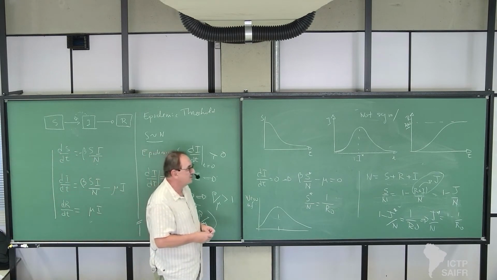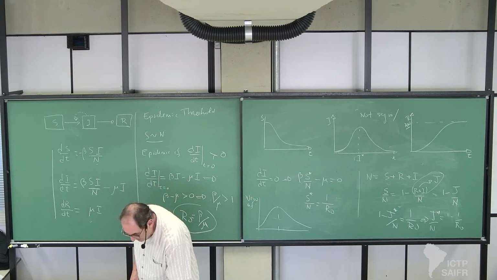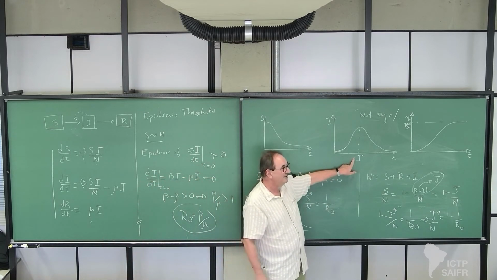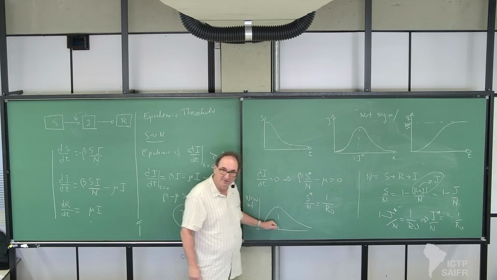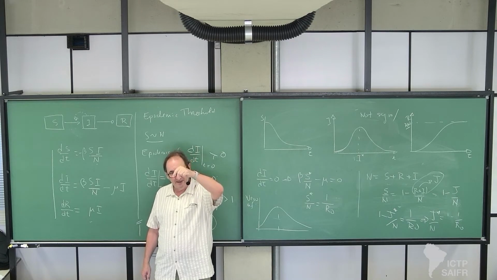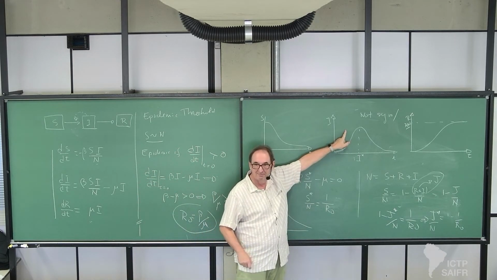And then you can show that this peak is always earlier here than here. So when you have an epidemic curve of number of new cases per day, and you see a peak, it's not the time where you have the peak of the number of infected people.